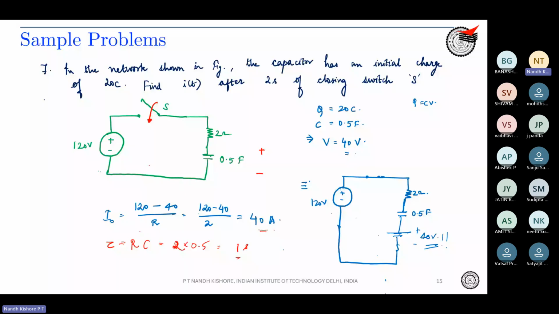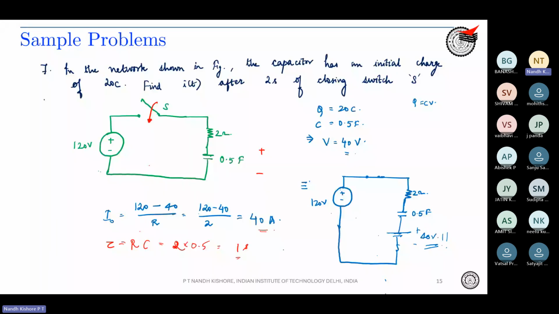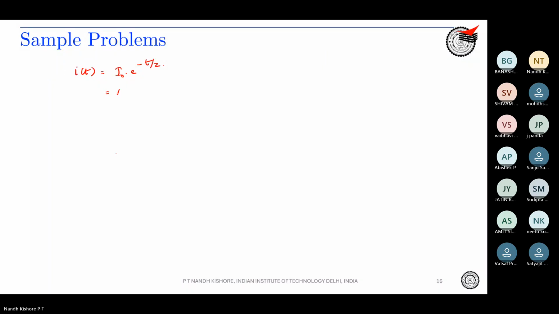So you can directly write that I of t is going to be I naught into e power minus t by tau. We computed that I naught is 120 minus 40 by 2 ohm. Why 40 volts? Because the initial charge on the capacitor is 40 volts, correct? So this is 40 amperes, and tau is 1, so 40 into e power minus t is the current in amperes.